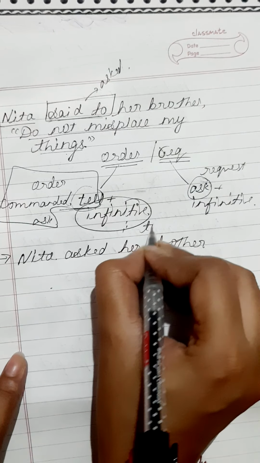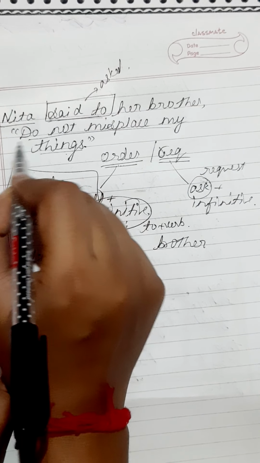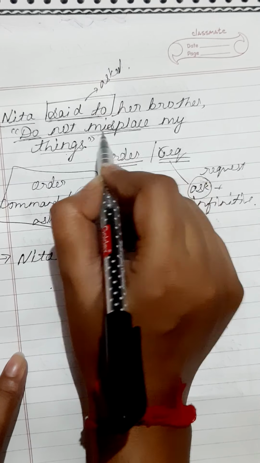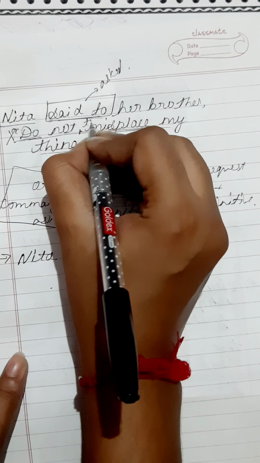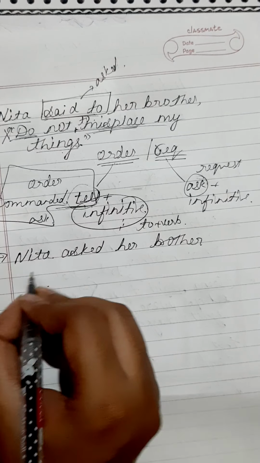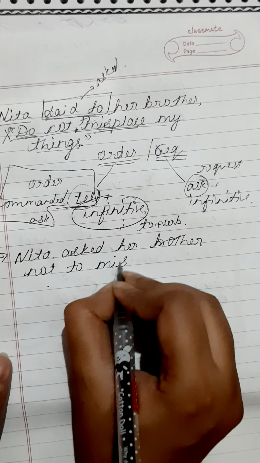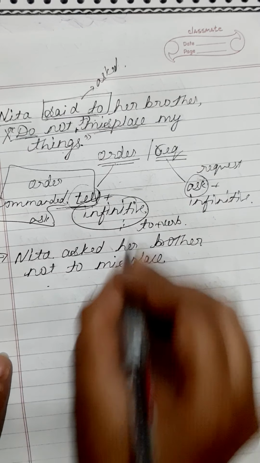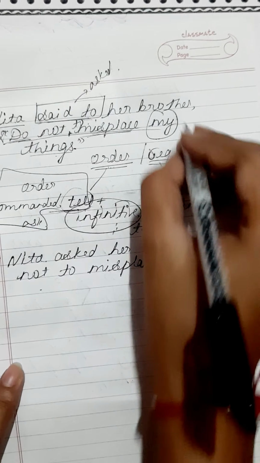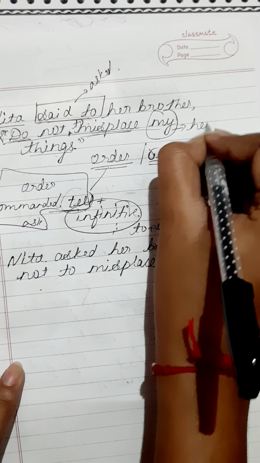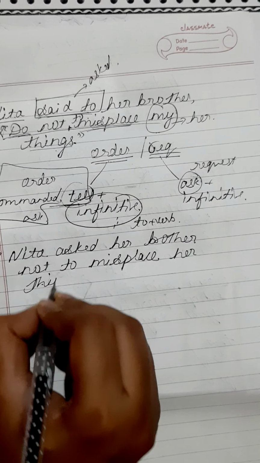Infinitive means to plus the verb form. Here the verb is do and misplace. We will omit do and we will write not to misplace. So Neeta asked her brother not to misplace. Now we have the pronoun my. This my is used for Neeta. So this will be converted into her. So misplace her things.